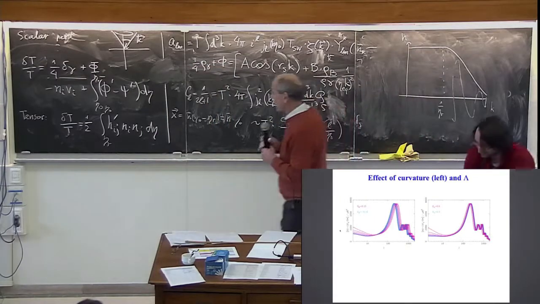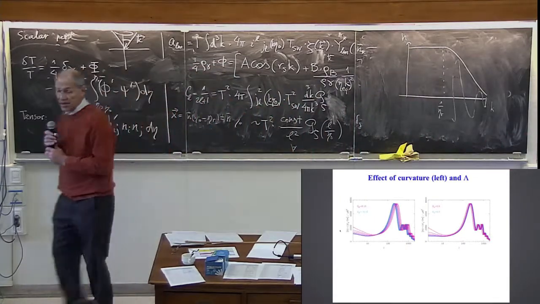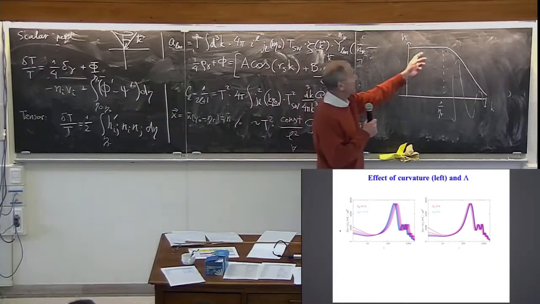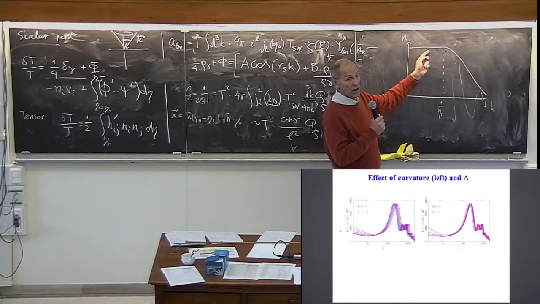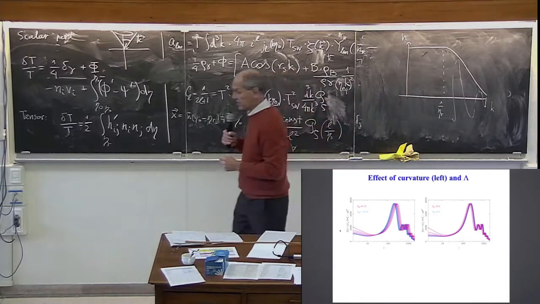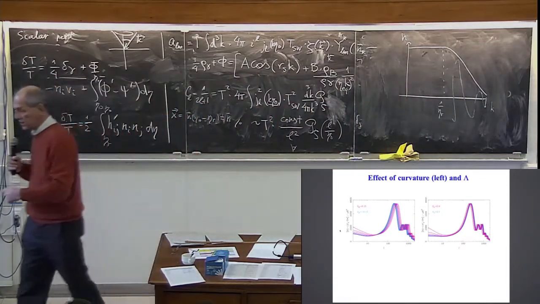So with this understanding, you understand that the main contribution of gravitational waves will come at low multipoles, right? Low momenta, low multipoles. Once you go to higher multipoles, the contribution of gravity waves is getting smaller and smaller.